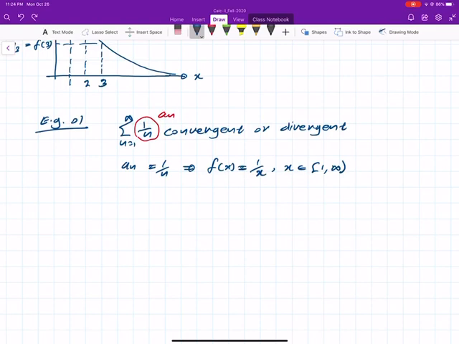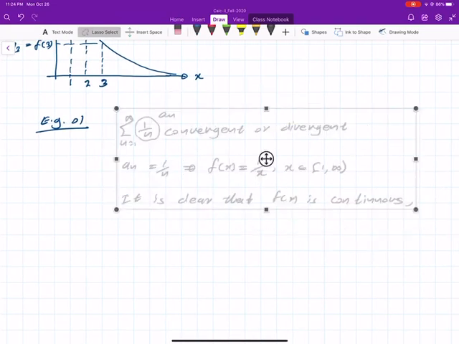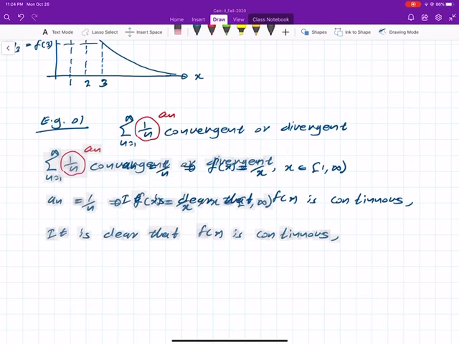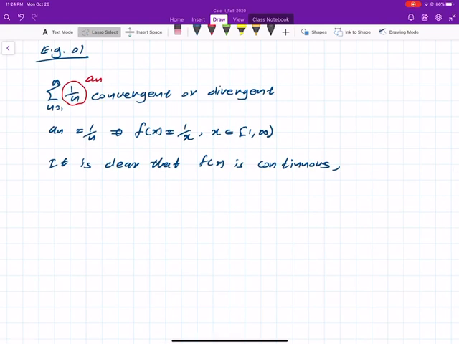So it is clear that f of x is continuous, positive, and decreasing.